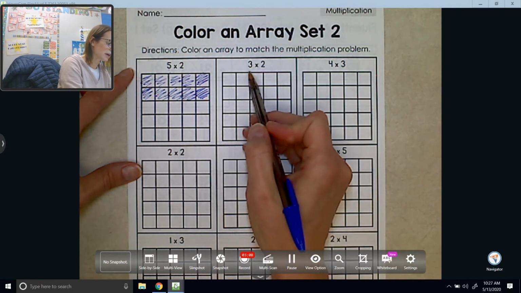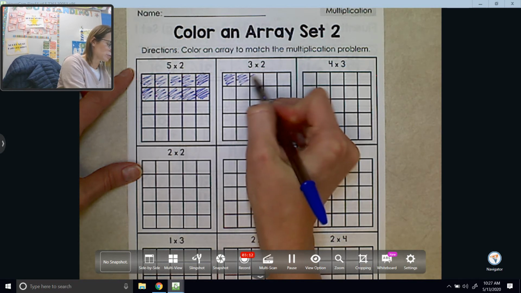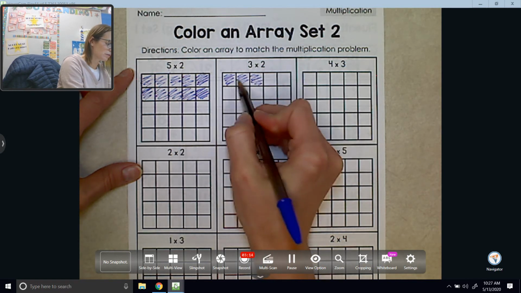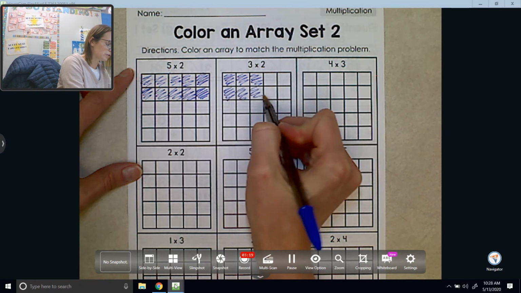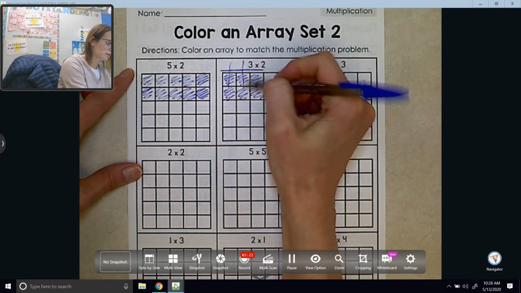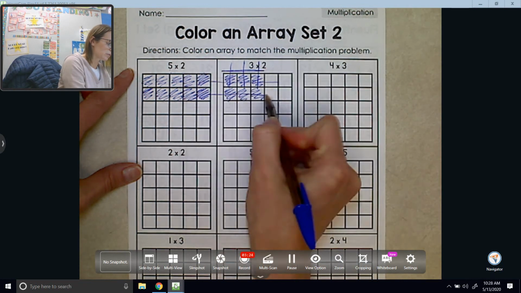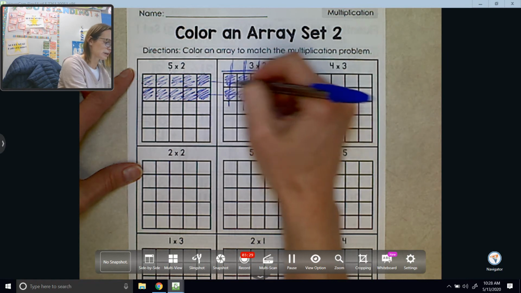Next, I'm going to look at 3 times 2. 1, 2, 3 times 2. 1, 2. So I have 3 columns and 2 rows. 3 times 2.